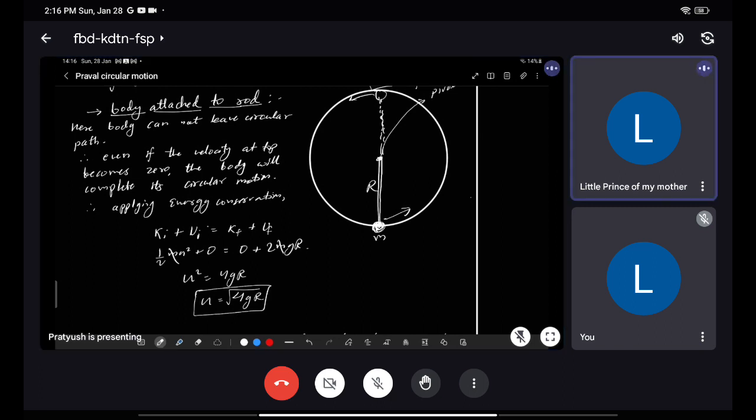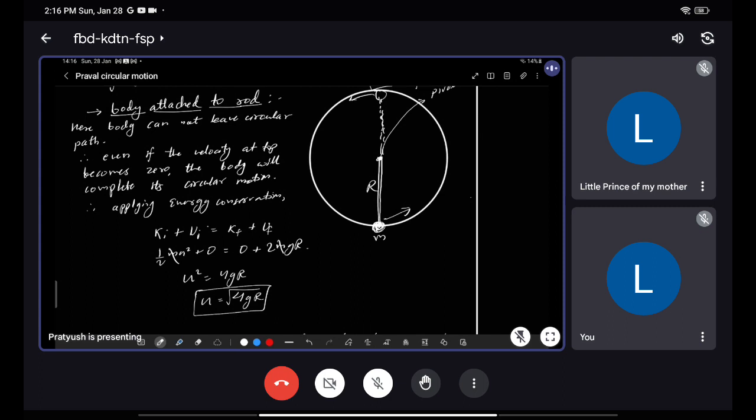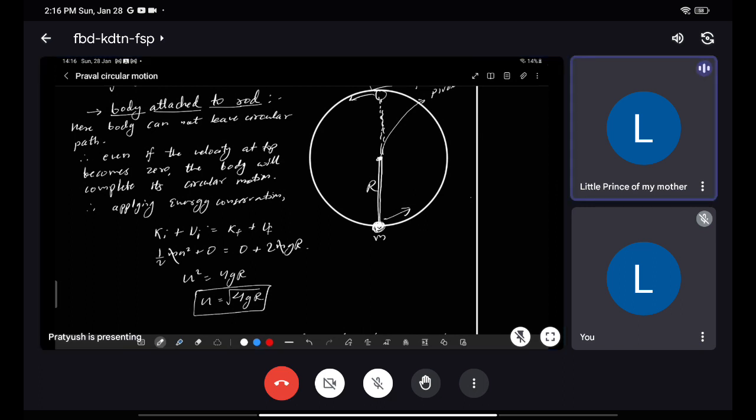Sir, because tension is not there, that's why we cannot take it together. Yes, what are you saying? Yes, Hemant, what did you say? Because tension is not there, we can directly obtain it.